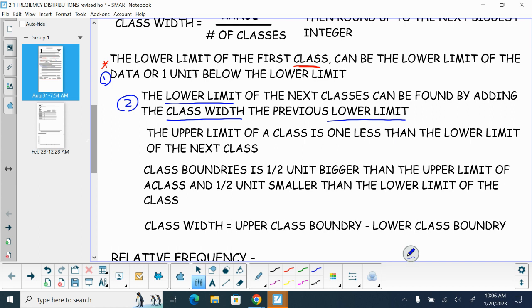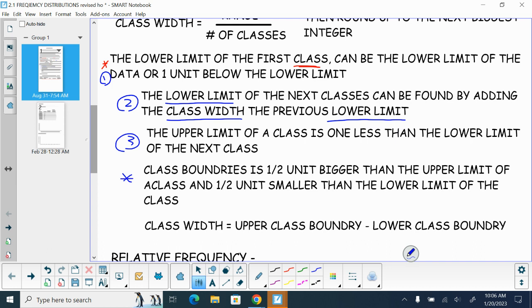Then you look at the upper limit of a class, which is one less than the lower limit of the next class. And we'll go through an example here. You'll see there's a lot of verbiage here, but it's not as difficult as it looks. These are limits. Then we have our class boundaries.